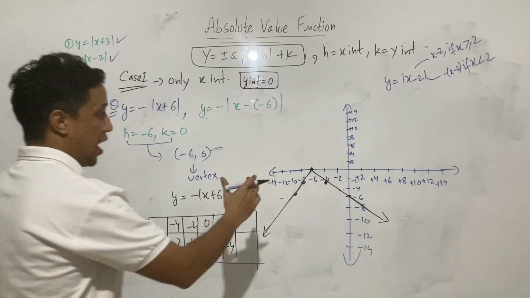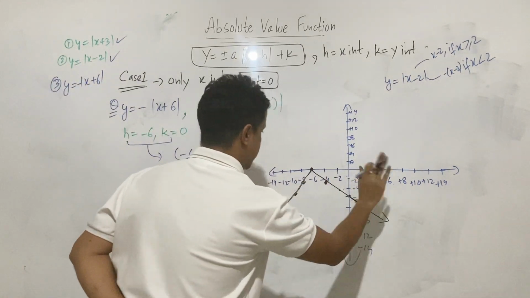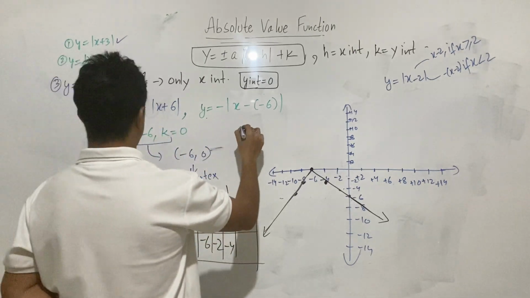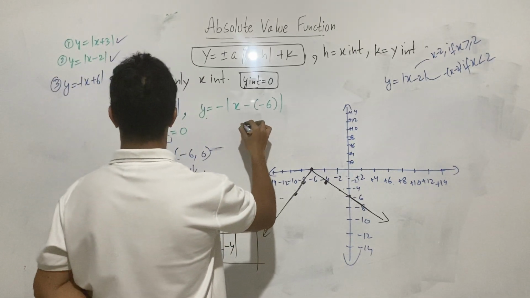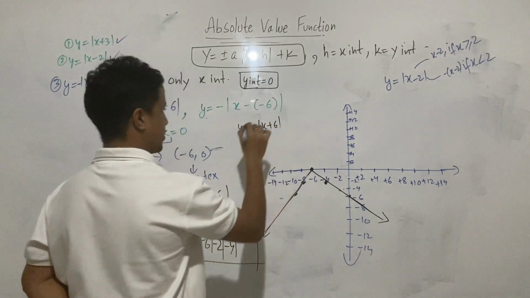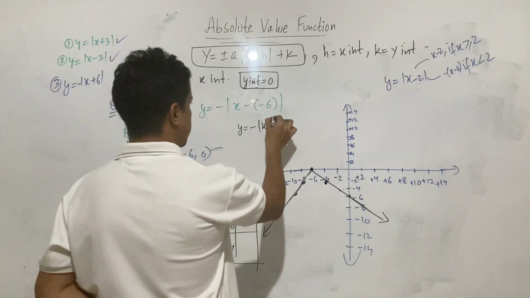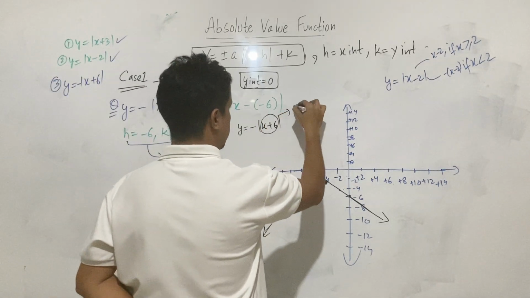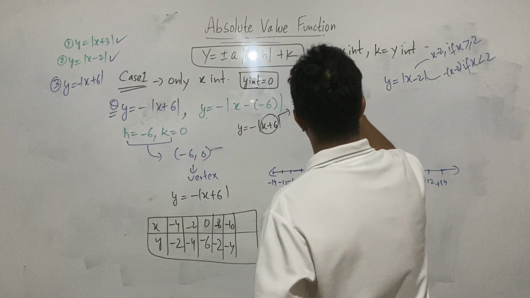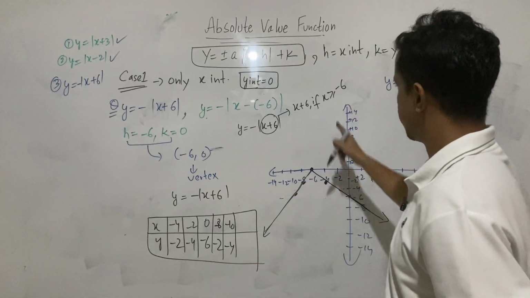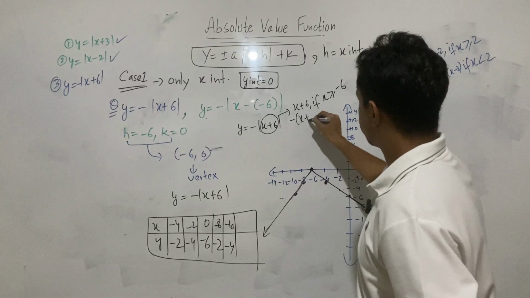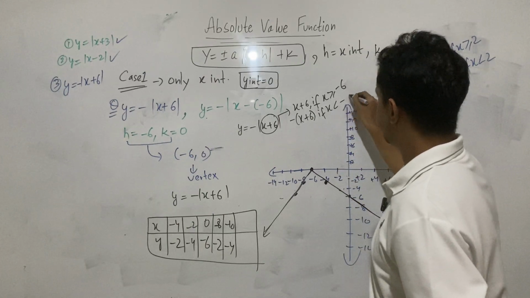Now see here, this is y equals negative x plus 6, right? So this thing is going to be x plus 6 if x is greater than or equal to minus 6, and negative of x plus 6 if x is less than negative 6.